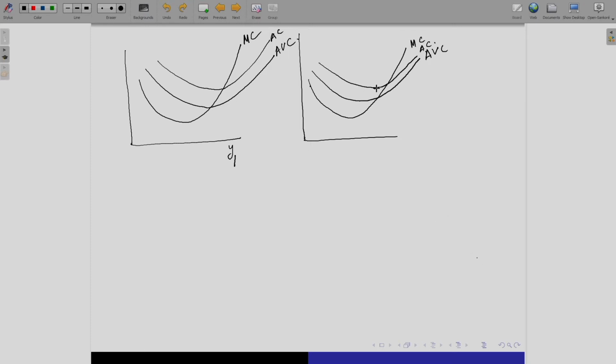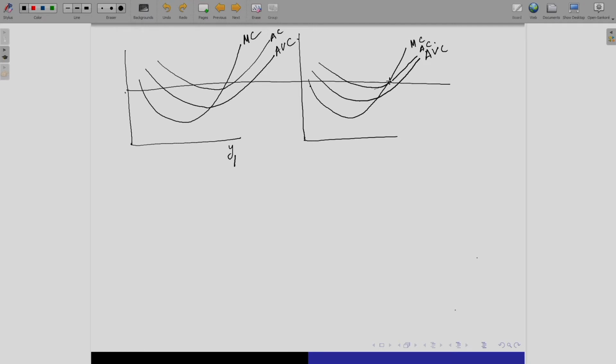Here you just take, this diagram is not that correct because this curve should have passed through the minimum of these 2 curves, but remember this when you draw. And suppose the market price is this, right?